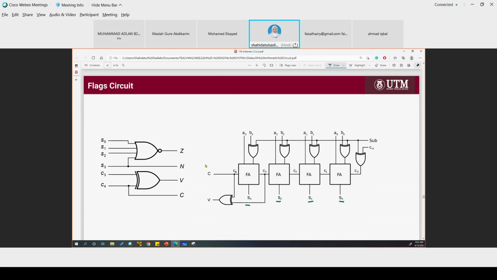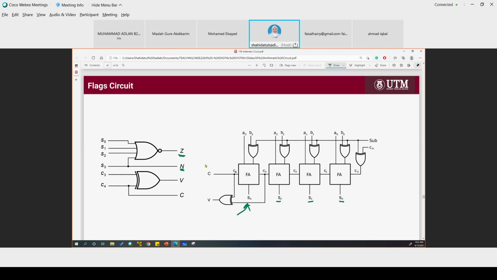When we put all the sum bits to the NOR gate, we will get Z, the value of Z. And by looking at the MSB or S3, we will get N.